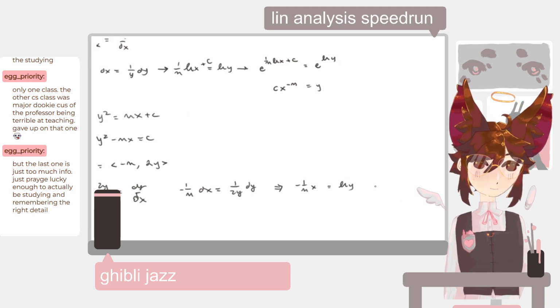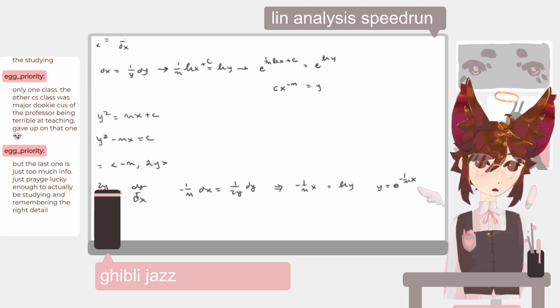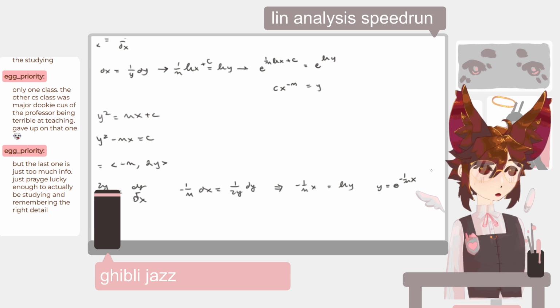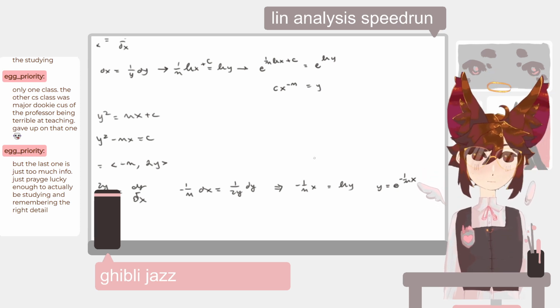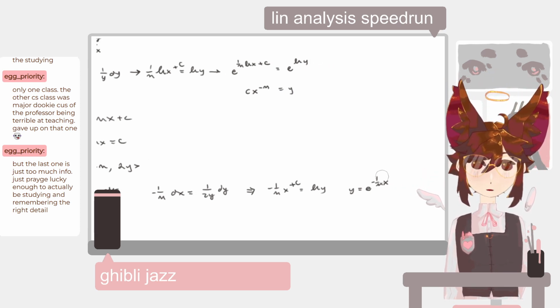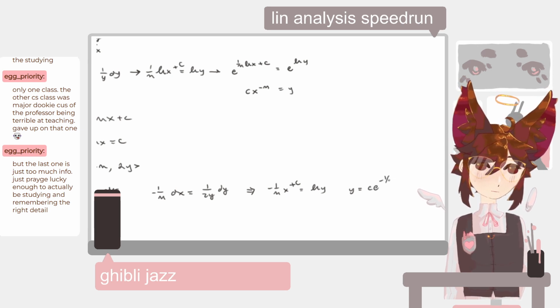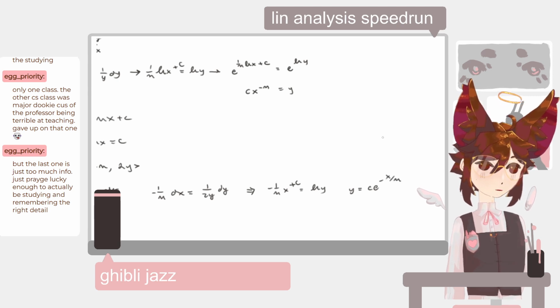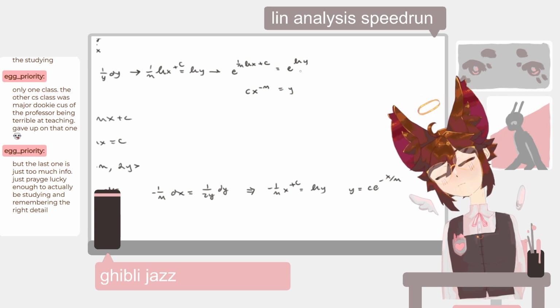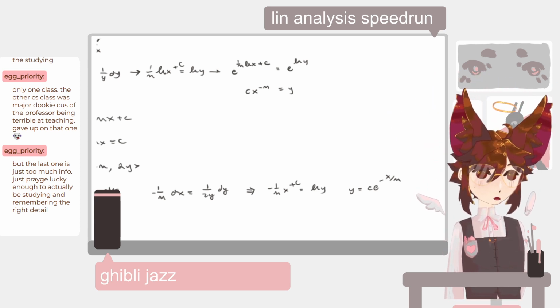So we'll do y equals e to the negative mx, I guess? Wait, I forgot my c. Damn it. Plus c. I always remember it when I'm doing c to the negative x over m. I just remember when I do my mu integration factors, but I forget for other stuff.